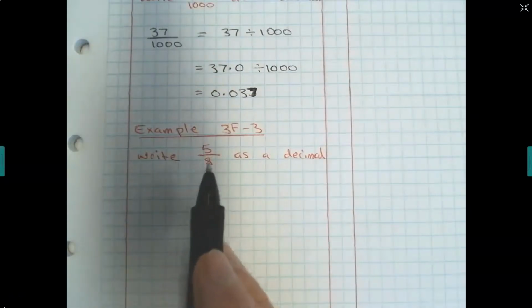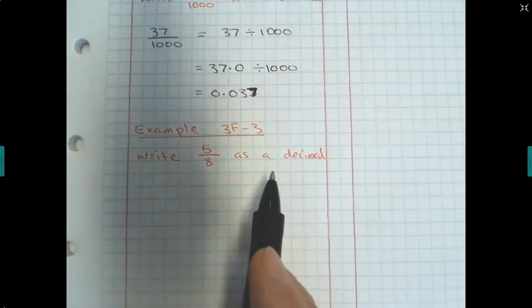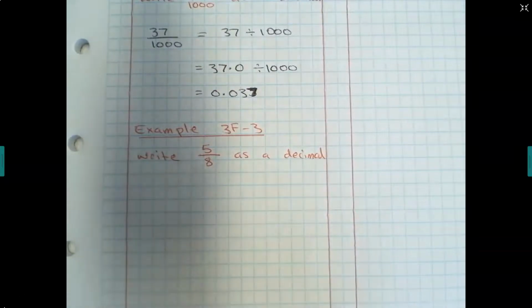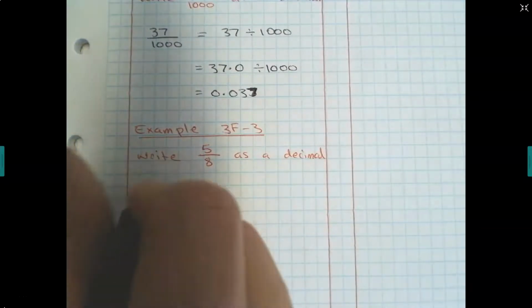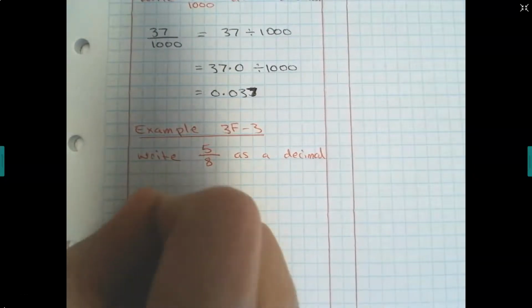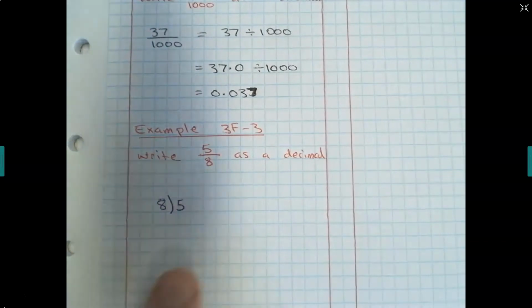So we're going to write 5 over 8 as a decimal. Now 5 over 8 is essentially saying 5 divided by 8. So I've got 5 and I'm dividing it by 8. So if we were to set it up as a short division, would we all agree that that's how we'd set it up if we're going 5 divided by 8?